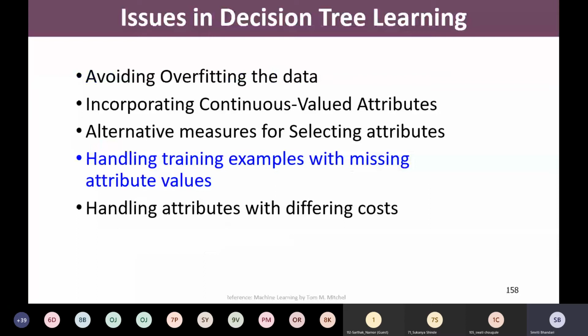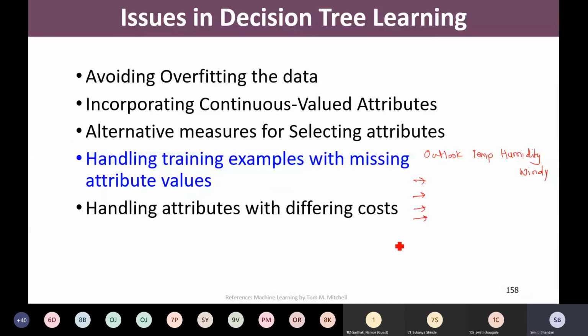So the next issue that we are going to discuss is handling the training examples with missing attribute values. What we mean by that? Let us assume that we are having the training data like outlook, temperature, humidity, and windy are the attributes, and we are having several training examples provided.